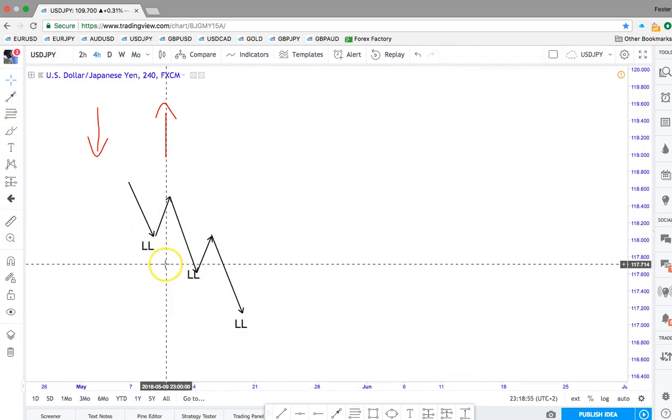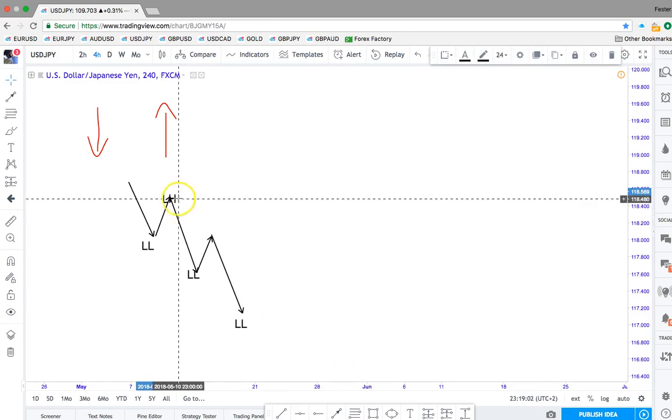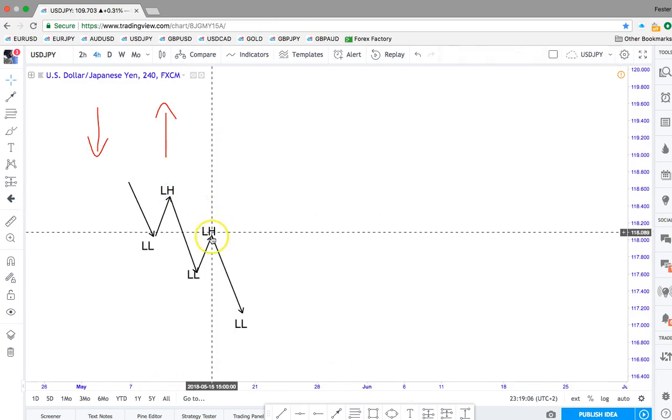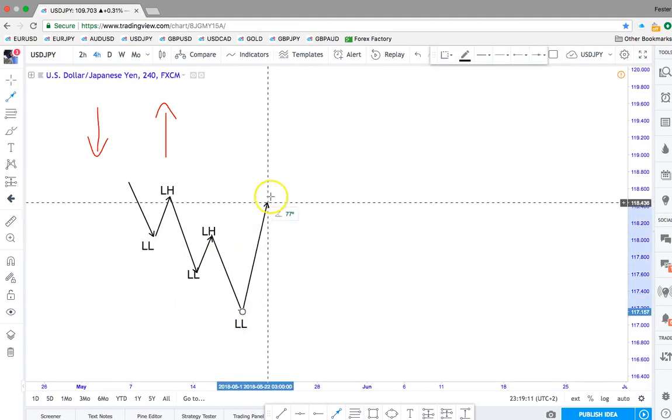Right, lower lows. Here it's making lower highs. So this is easy, right? Market's making lower lows, lower highs, and then you get this.